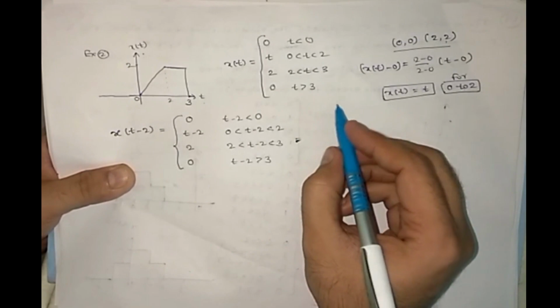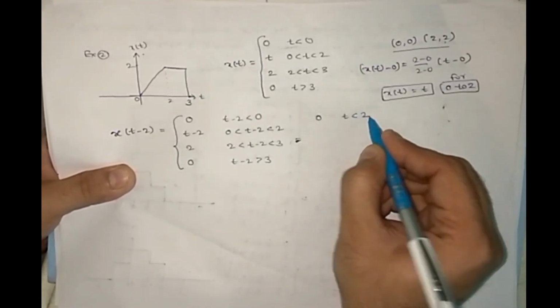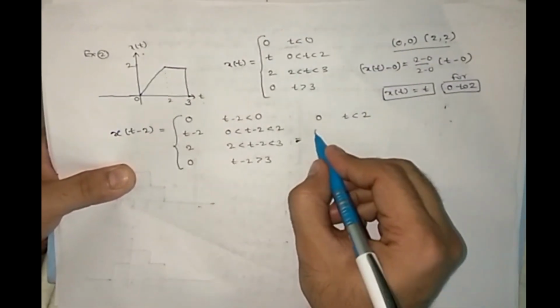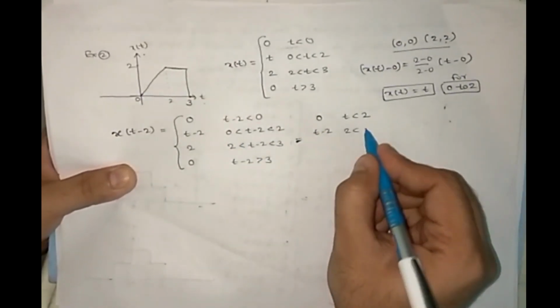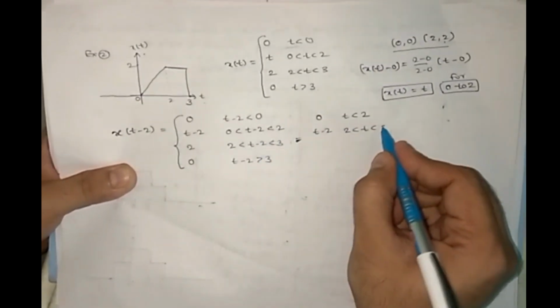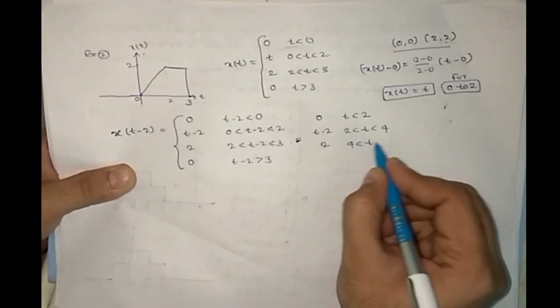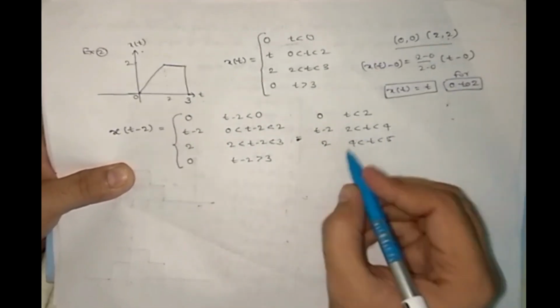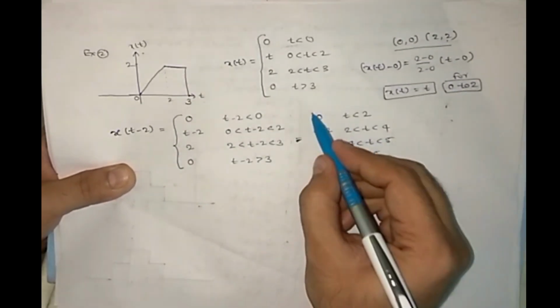Let us simplify this further. 0 for t less than 2, t minus 2 for 2 less than t less than 4, 2 for 4 less than t less than 5, and 0 for t greater than 5.